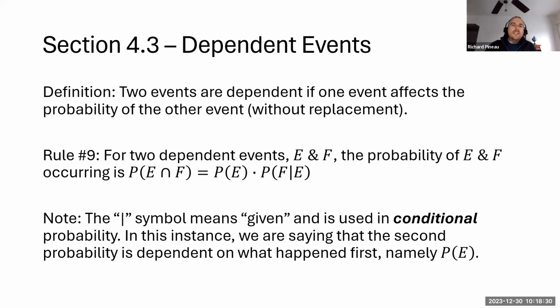Now you'll notice that there's a strange symbol in the second factor, okay? And that symbol, that's really a vertical line, has a meaning of "given," and it's used in conditional probability.